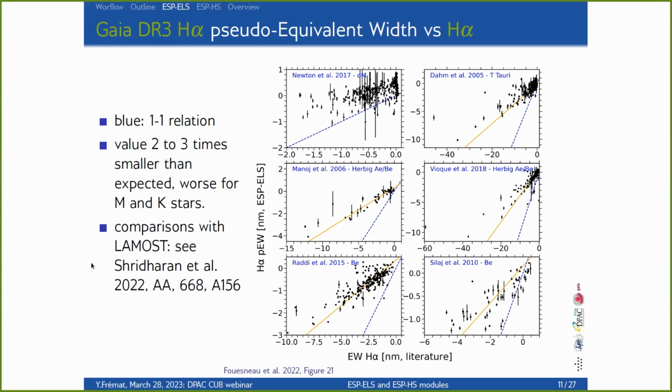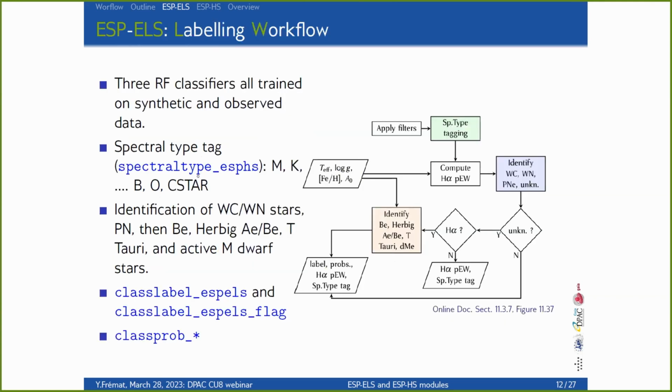But I also saw that a much more detailed comparison was done with some LAMOST data, with a more detailed relation between pseudo-equivalent width and true H alpha equivalent width measured on the LAMOST data. The trend is also more or less what I show here: the pseudo-equivalent width is 2 or 3 times smaller than what we may expect from H alpha.